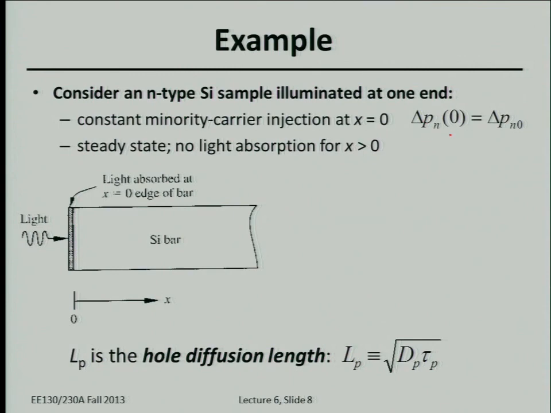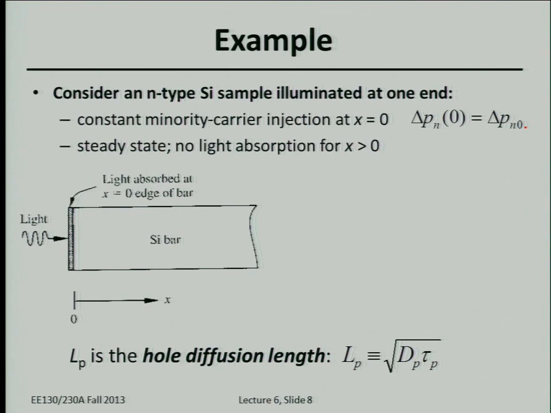So at x equals 0, at the surface, we have some excess minority carrier concentration, and let's name that delta p sub n naught. That's just some level of excess carrier concentration. Let's assume that the light is shining continuously on the surface, and therefore the system reaches some steady state.